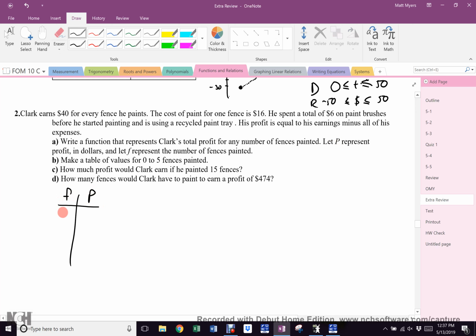So, if he paints 0 fences, how much has he spent? Wrong. Read the question. Not quite. His profit is negative 6, isn't it? Because he only bought paintbrushes. Right? If he paints 1 fence, he spent the negative $6, and how much more?